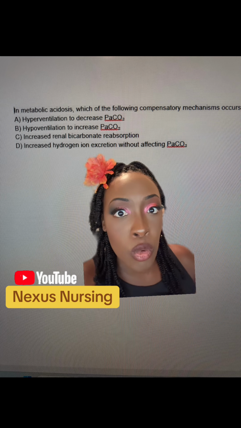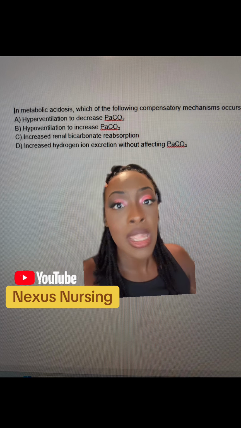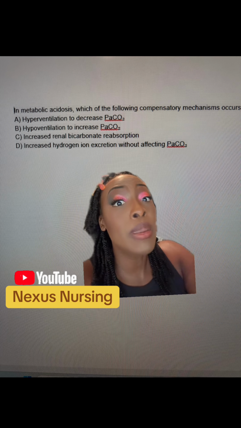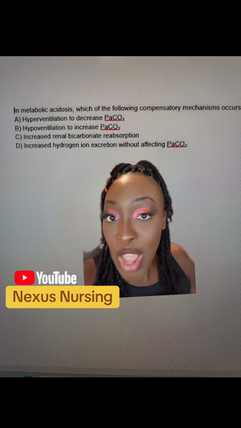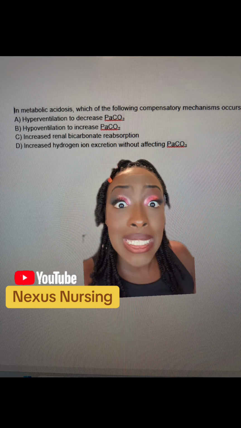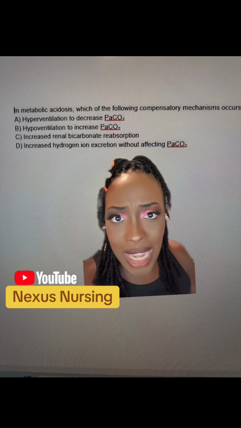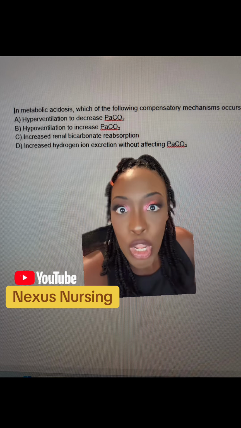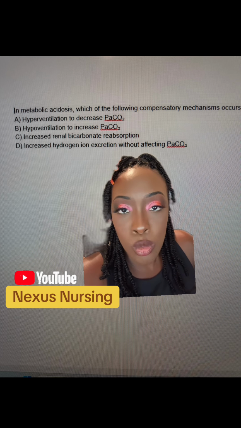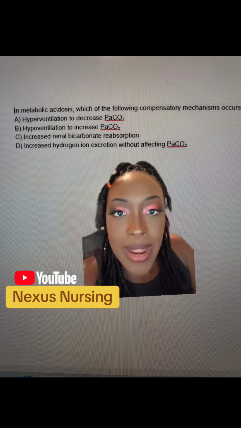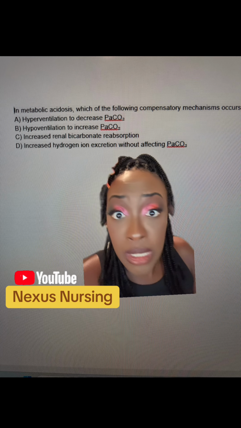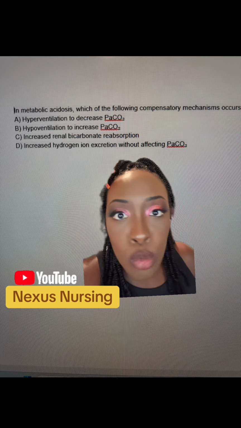The lungs can increase respirations, which means you're going to be blowing off all of that CO2, which is acidic. Or the lungs can decrease respirations. It can slow down your breathing to make you hold on to all of your CO2, which is what? Acidic.